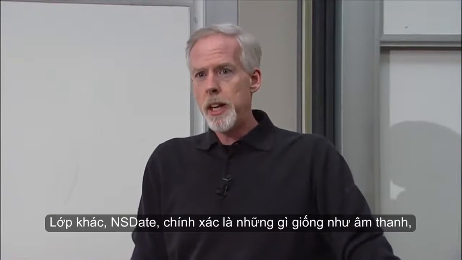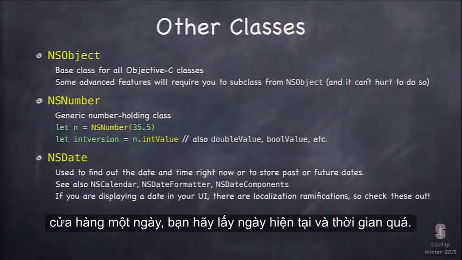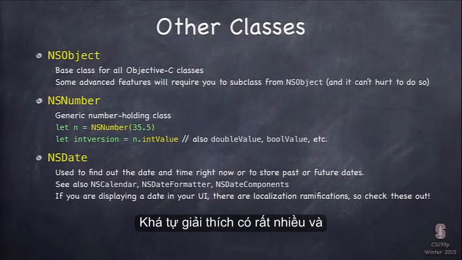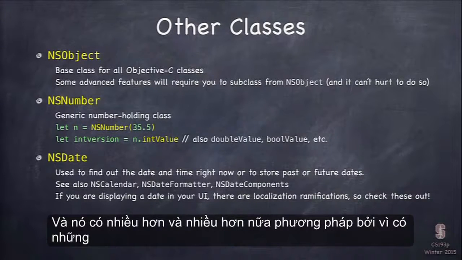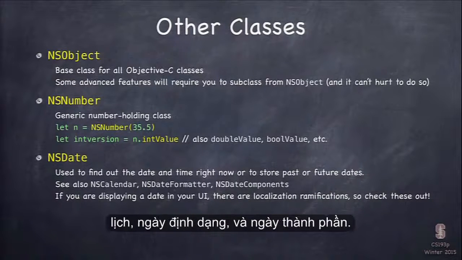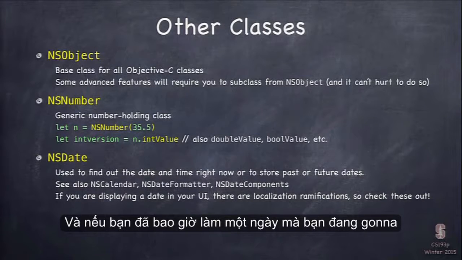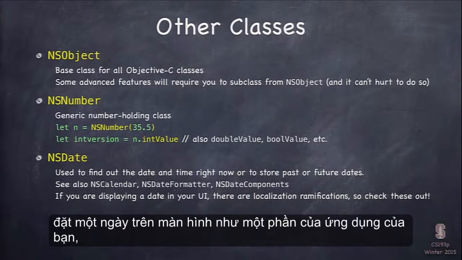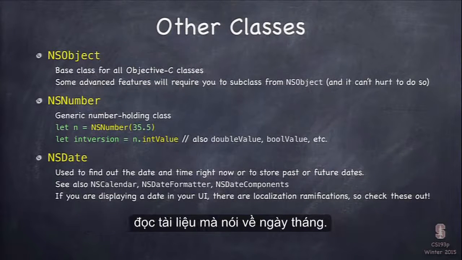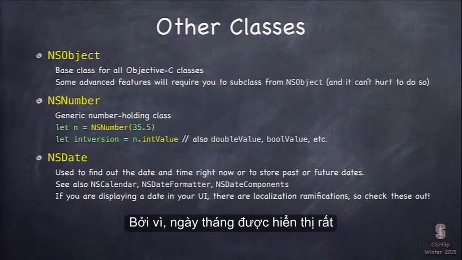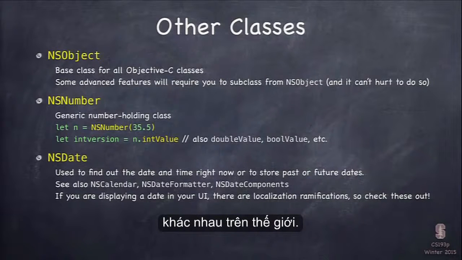Now the class NSDate, exactly what it sounds like, stores a date, lets you get the current date and time too. Pretty self-explanatory, has lots and lots of methods in it. And it has even more methods because there are those three other classes mentioned here: Calendar, DateFormatter, and DateComponents. If you're ever going to put a date on screen as part of your application, you really want to look at all these classes and read the documentation that talks about dates, because dates are displayed very differently around the world.